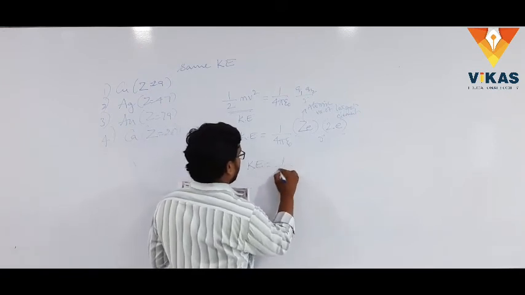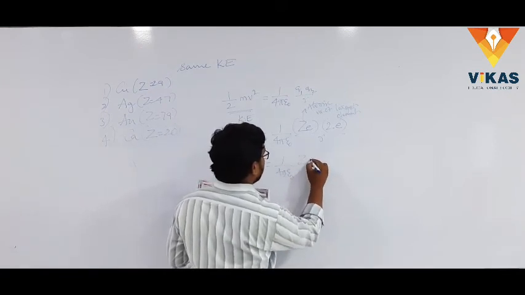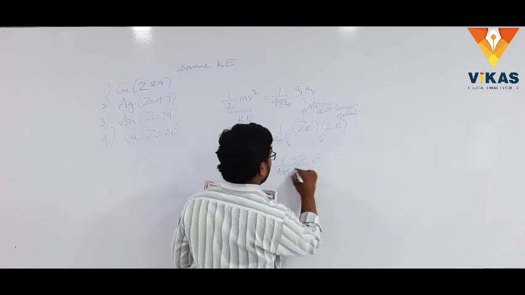Therefore kinetic energy is equal to 1 by 4 pi epsilon naught 2Z e square by R.